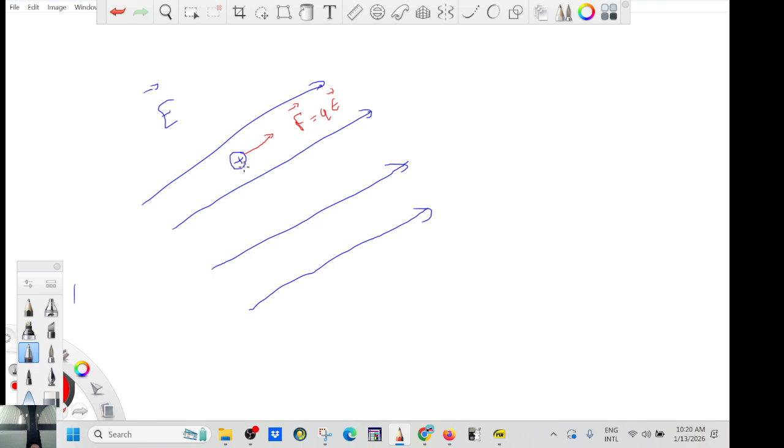So a positive charge inside an electric field will feel the wind and wants to go with the flow because it doesn't like confrontation. And then a negative charge has a critical mind, right? Like me, you tell me to go to the right, I will go to the left. I will do exactly the opposite. So a negative charge will always go against the electric field.